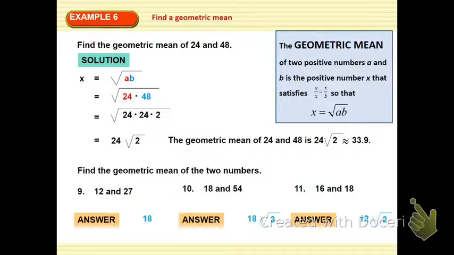All right. Let's look at it. The square root of 18 times 54 is the geometric mean. So let's factor. What's a perfect square that multiplies to be 18? 9 and 2. 9 times 2. What about 54? Is there a perfect square? 9 and 6. Good. So we got 2 9s. We can bring the 2 9s out as a single number.